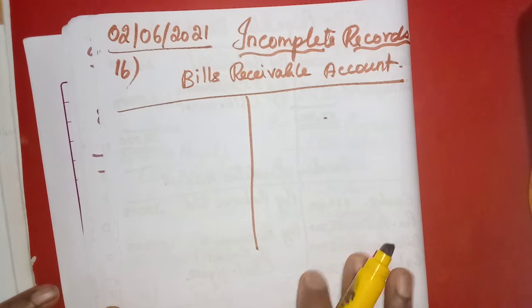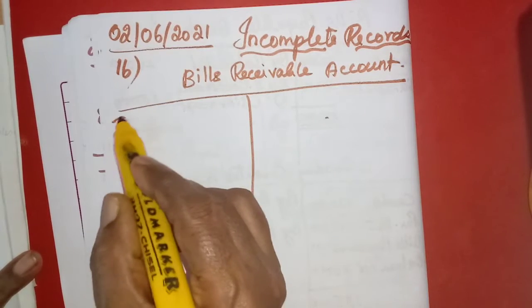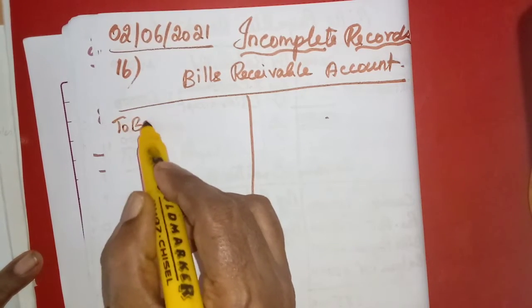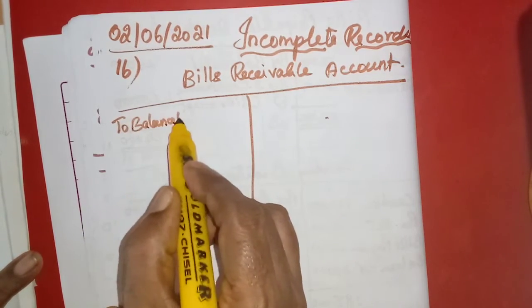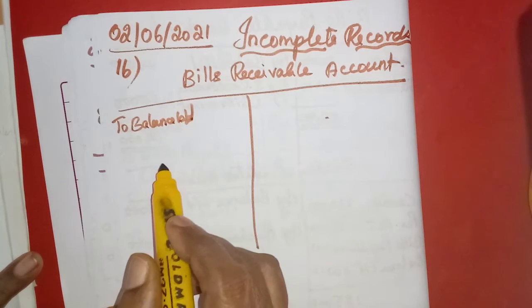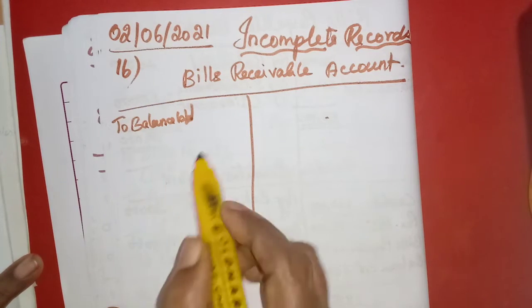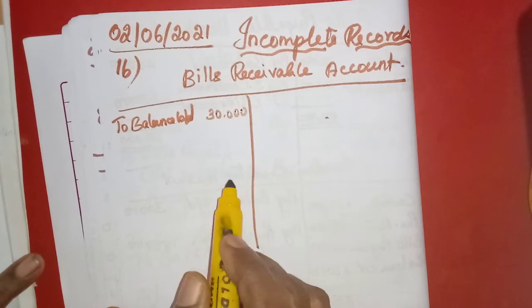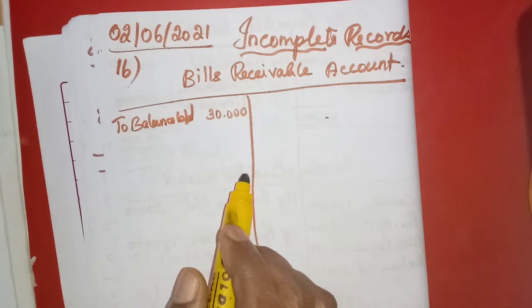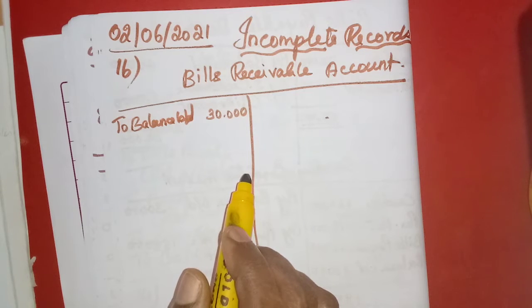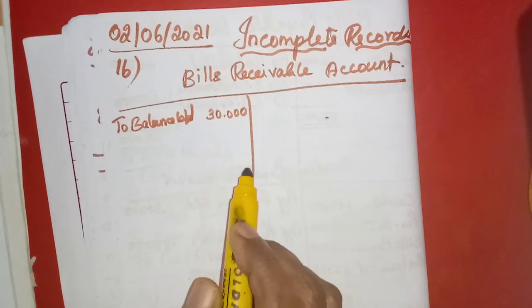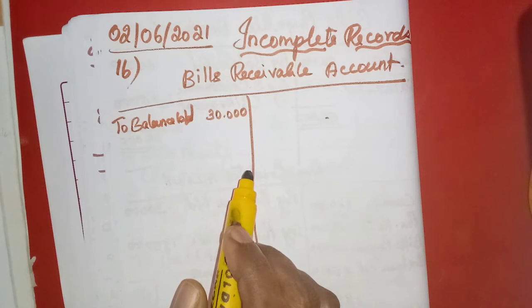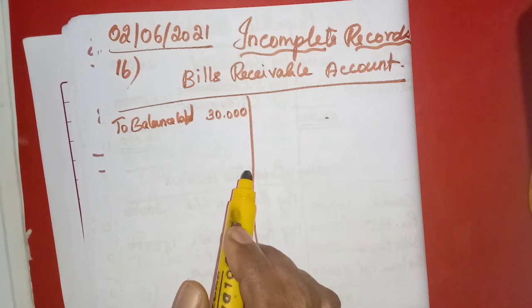Bills receivable was first to balance brought down. Bills receivable, opening balance 30,000. When we write, we should write carefully. Bills receivable opening, then the other information.